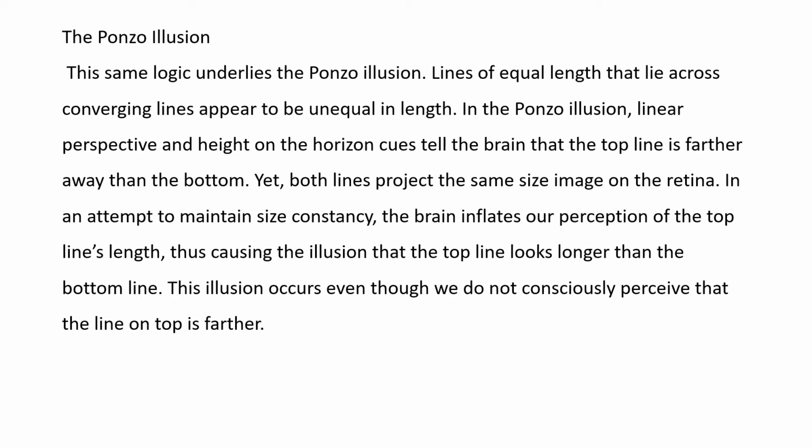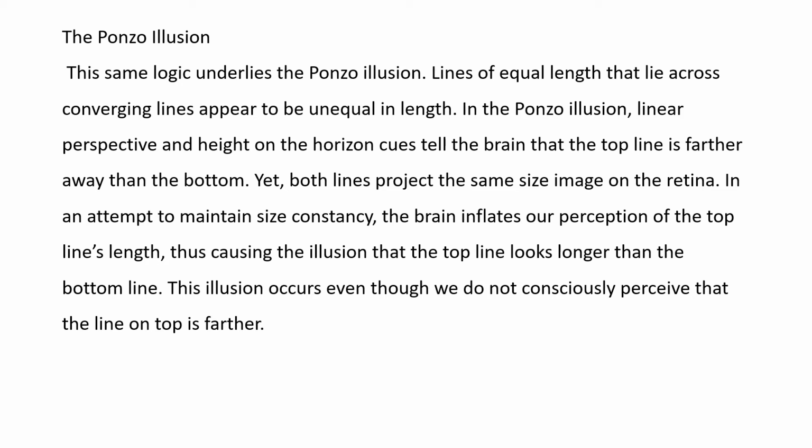The Ponzo illusion, this same logic underlies the Ponzo illusion. Here, lines of equal length that lie across the converging lines appear to be unequal in length. In a Ponzo illusion, linear perspective and height on the horizon cues tell the brain that the top line is further away than the bottom.